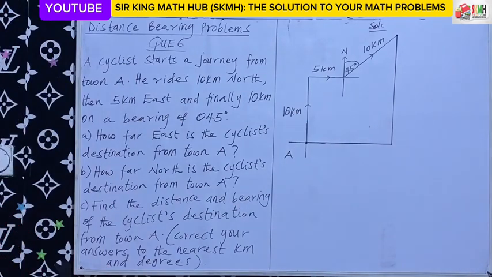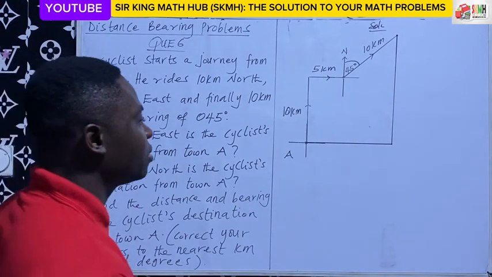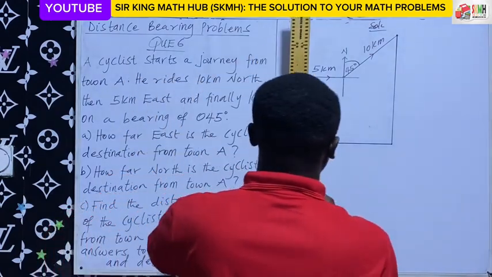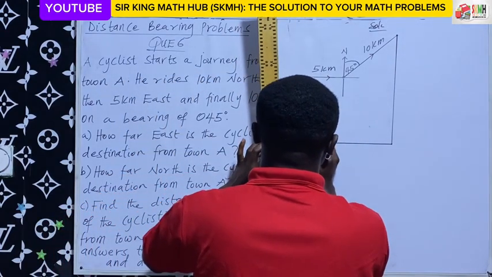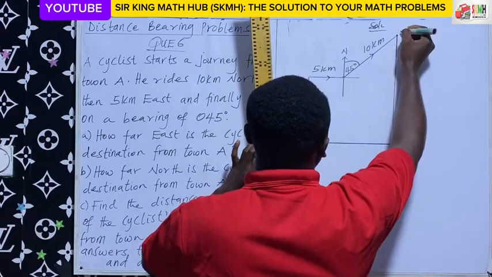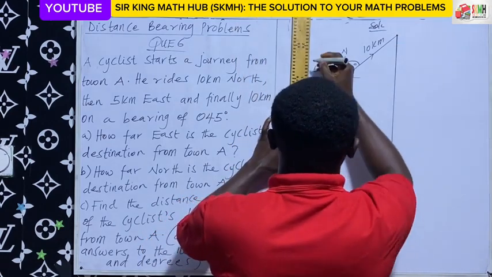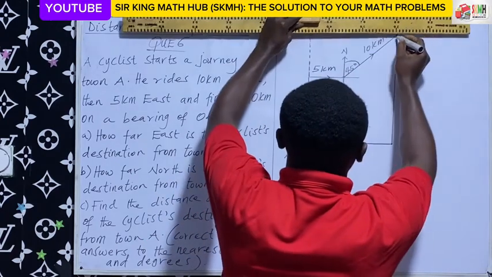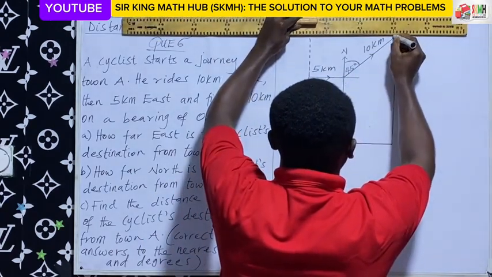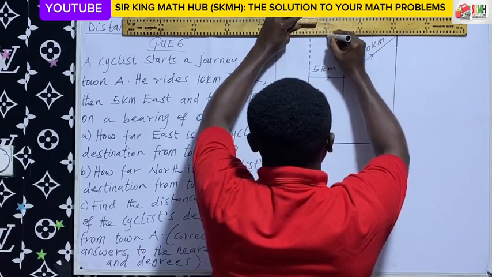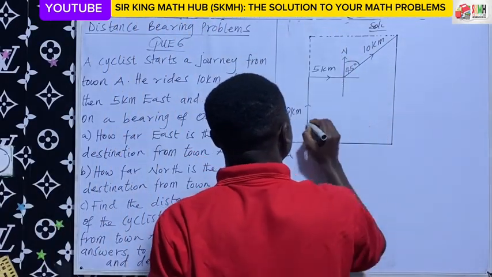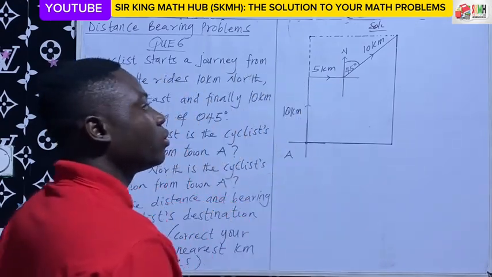B, how far north is the cyclist's destination from town A? So how far north? So this is his starting point, and this is his destination. So this line here represents how far north he is from the starting point. So from A to this point, this distance here represents how far north he has traveled.